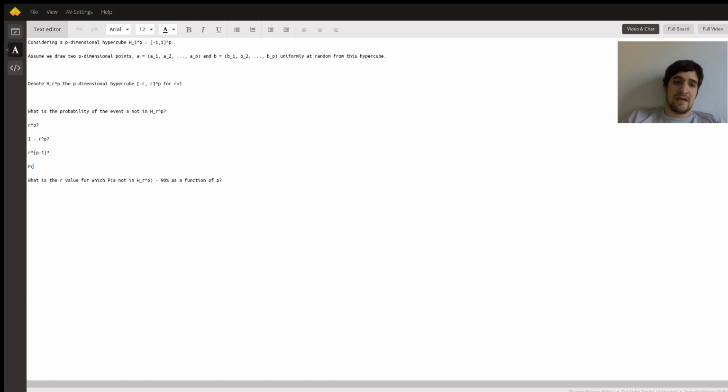So the probability of an event not being in H_r^p is equal to the volume of the portion of the hypercube H_1^p that isn't in H_r^p divided by the volume of the hypercube H_1^p. So this is the proportion of the volume of the bigger hypercube that is not also inside of the smaller hypercube.